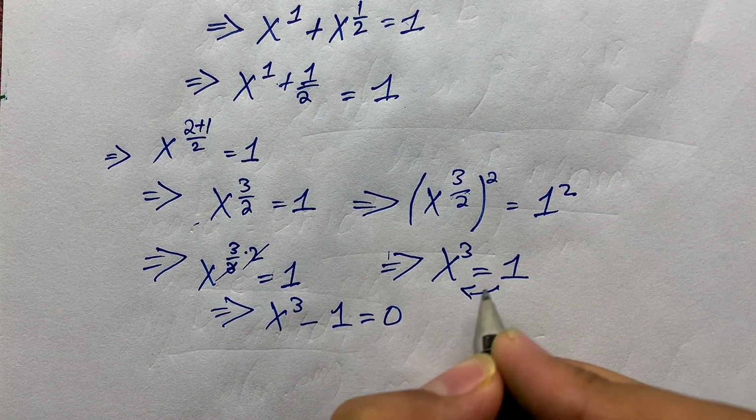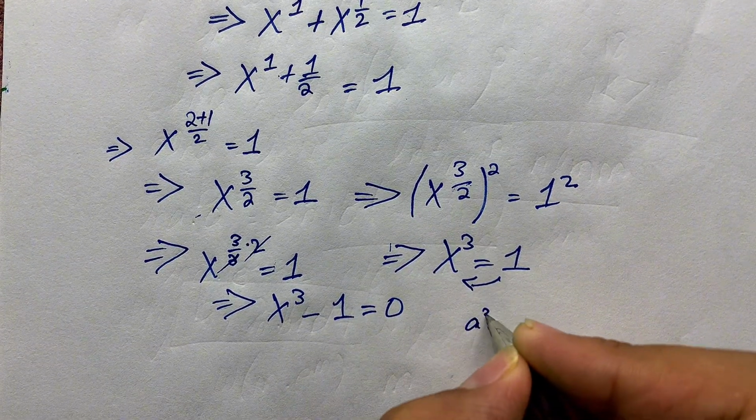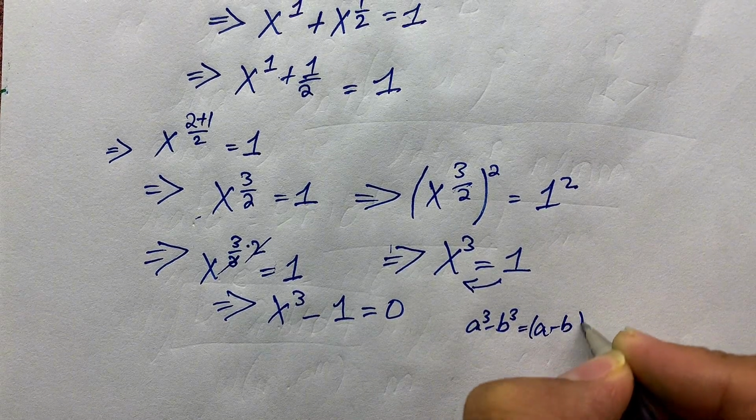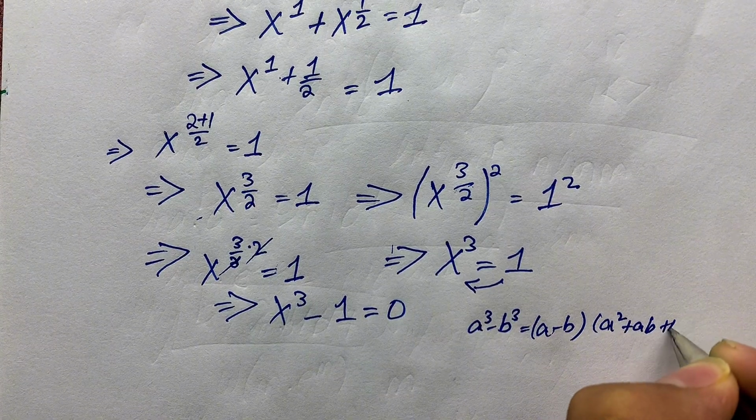This moves to this side. a to the power 3 minus b to the power 3 is equal to a minus b into a square plus ab plus b square.